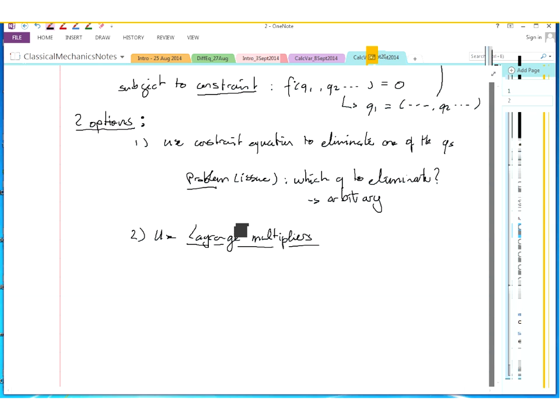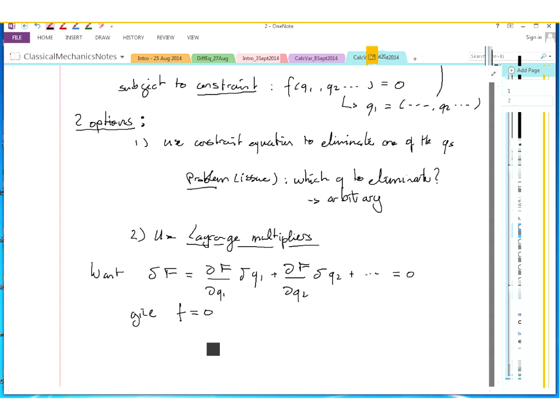And then we want to find the stationary value of f. So what we want is delta f, which is ∂f/∂q1 delta q1 plus ∂f/∂q2 delta q2, equals 0, given little f equals 0.